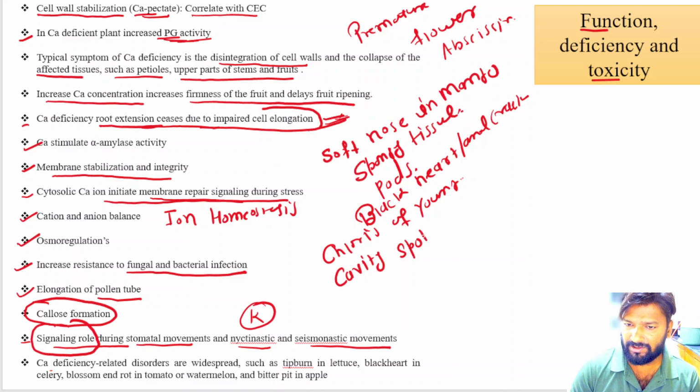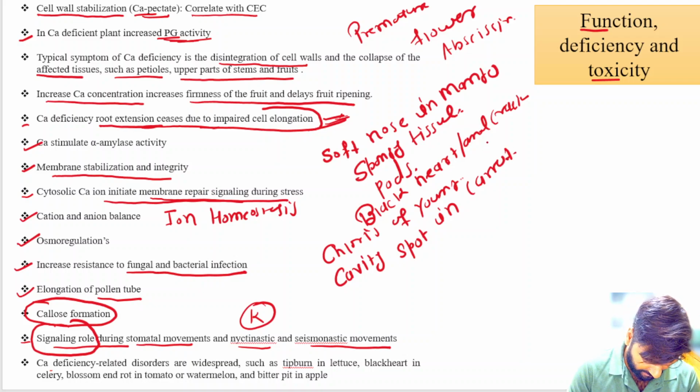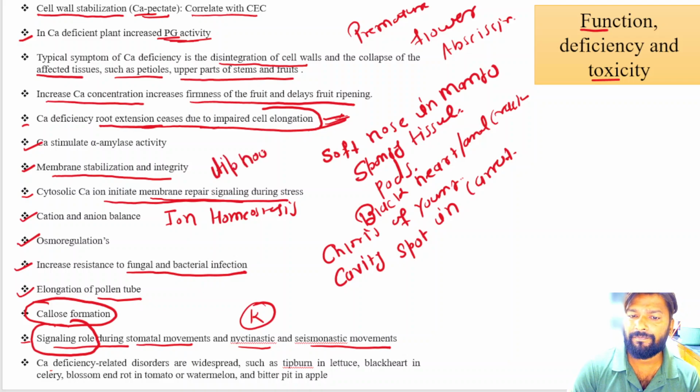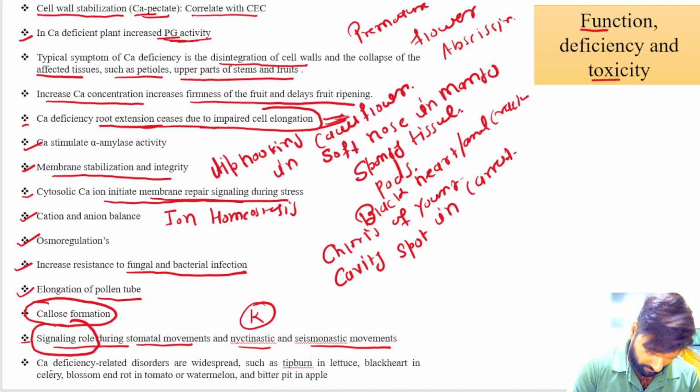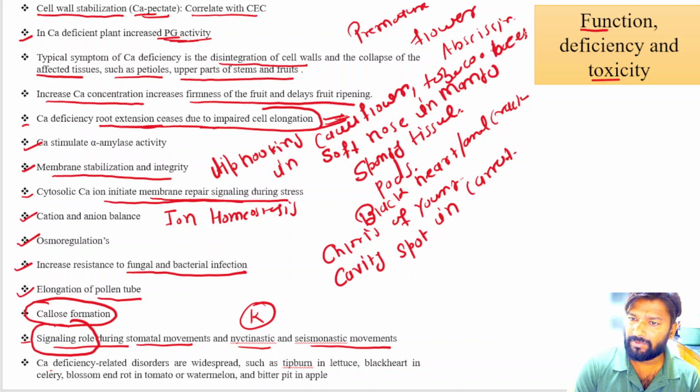Then tip hooking in cauliflower. Okay. Not only in cauliflower but tobacco and beetroot. Okay. Then bitter pit.